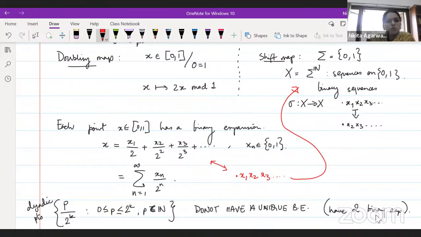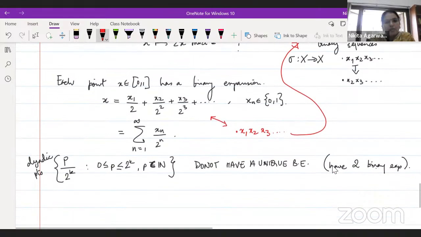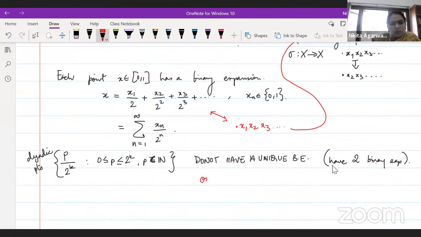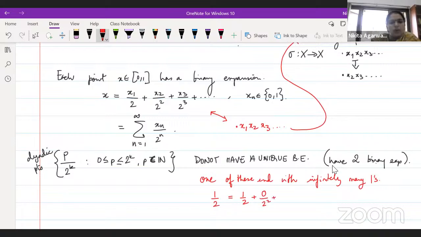But when you look at those 2 binary expansions, one of these ends with infinitely many ones. So for example, if you look at the point half, half can be written as 1 by 2 plus 0 by 2 square plus 0 by 2 cube and so on, which is the sequence 1, 0, 0, 0, 0, 0.